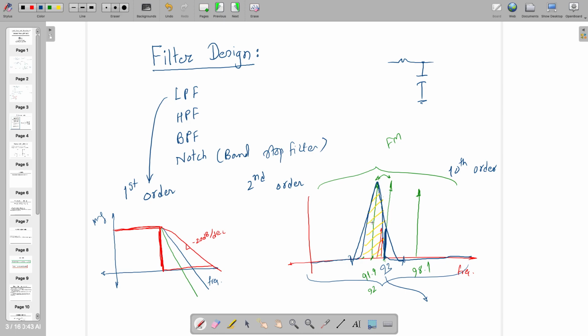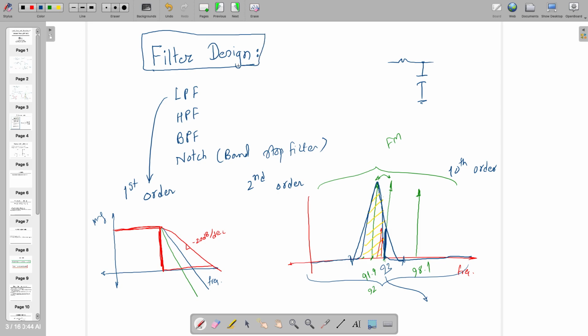So if such things are there, then you need to design a higher order filter, and this is a very important design. Mostly those DRDO people need some good design engineers who can design filters for them, even for radar applications. They need it, and they are designing good filters.